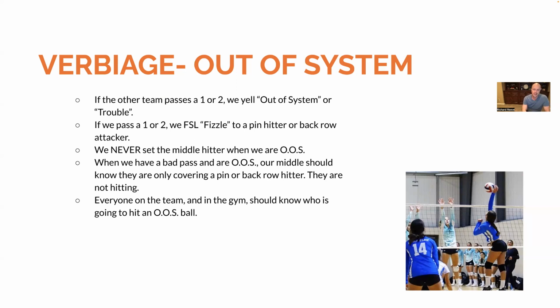Everyone on the team and in the gym should know who's going to hit in an out of system ball. So again, if we pass a bad ball and we know we're out of system, our pin hitters are up to bat. They should know that they're probably going to be hitting, or one of our back rows is going to be hitting. We just need to plan ahead, so there are no collisions and no confusion on who gets the next ball.